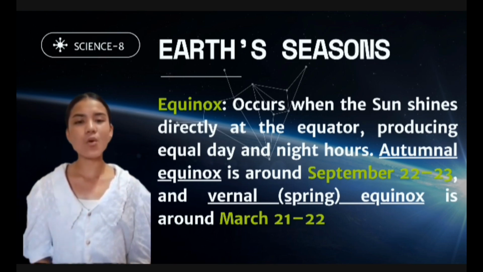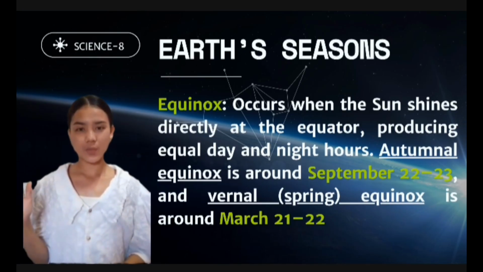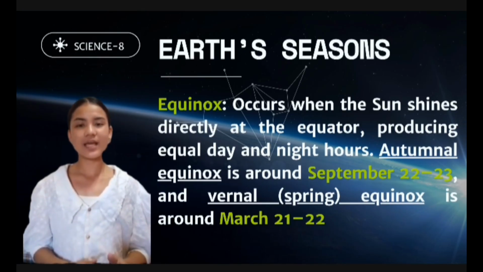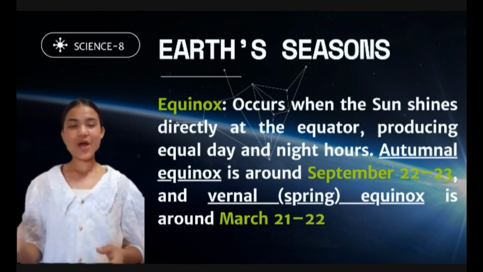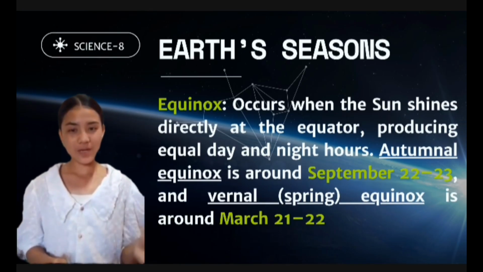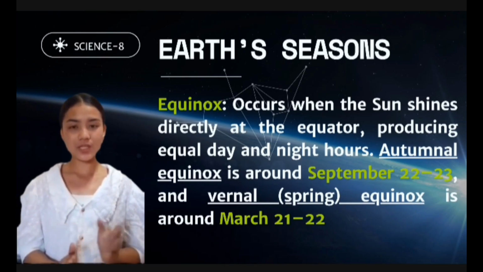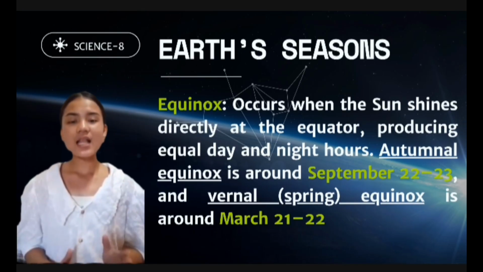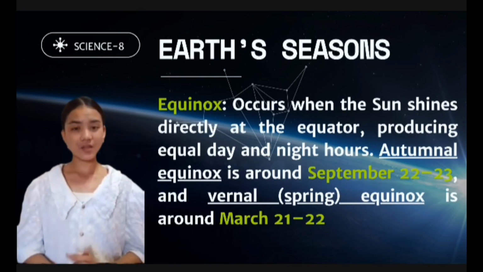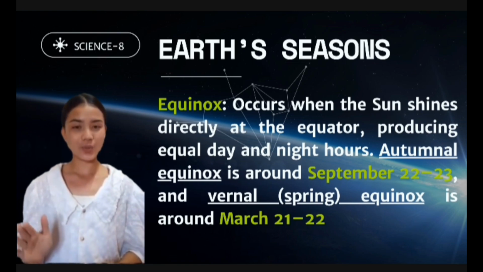An equinox occurs when the sun's rays shine directly on the equator, resulting in equal day and night lengths all over the world. The autumnal equinox, marking the start of autumn in the northern hemisphere, happens around September 22 to 23, and the vernal equinox, signaling the beginning of spring in the northern hemisphere, occurs around March 21 to 22.